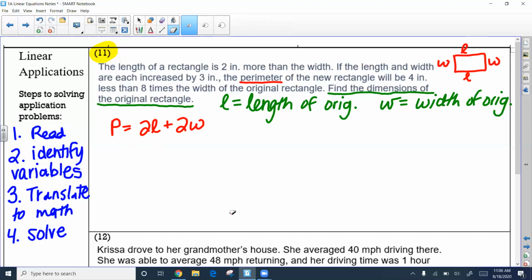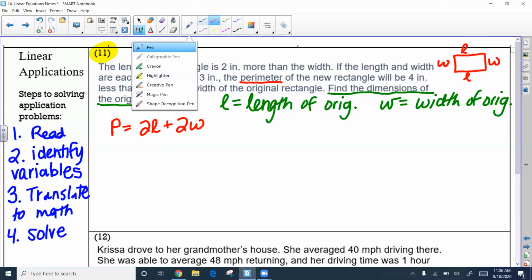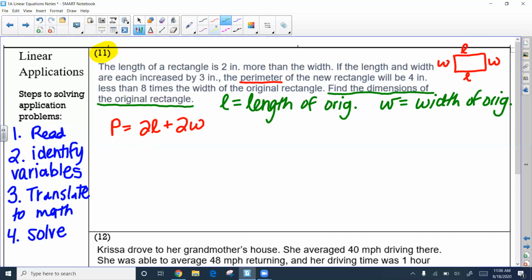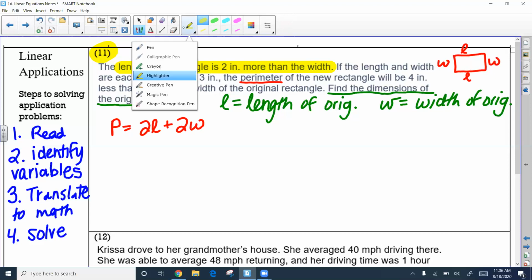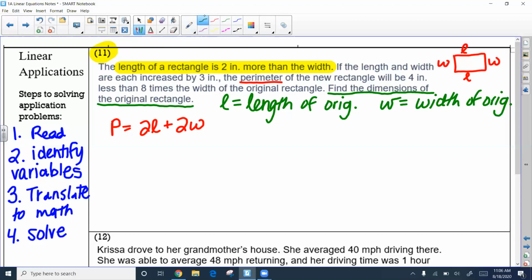Now we're going to start translating some things into math. I'm going to be highlighting some things and using some different colors so we can tell what we're working with. The first sentence, I'm just going to read this through and then translate as I go. The first sentence says, the length of a rectangle is 2 inches more than the width. So that allows me to write an equation.